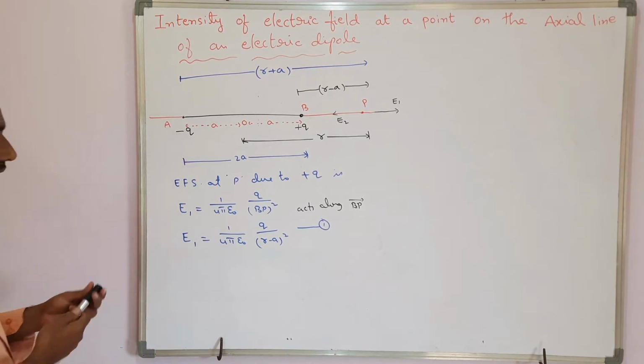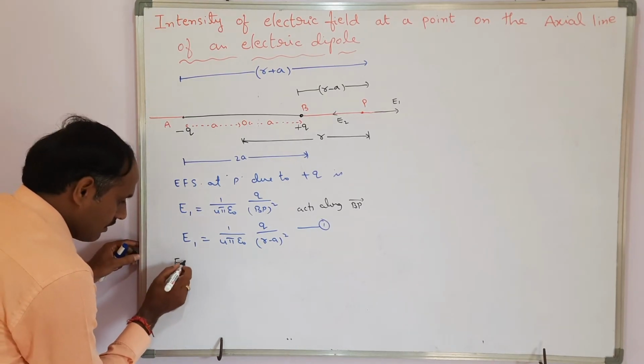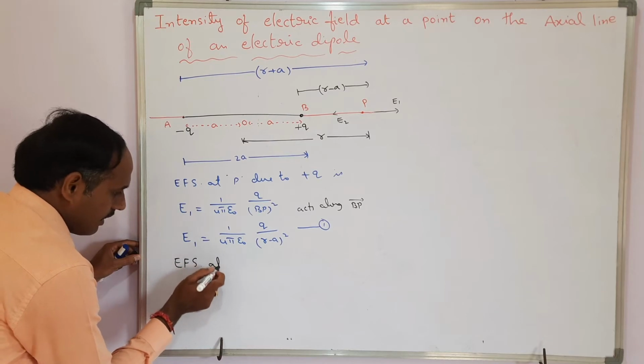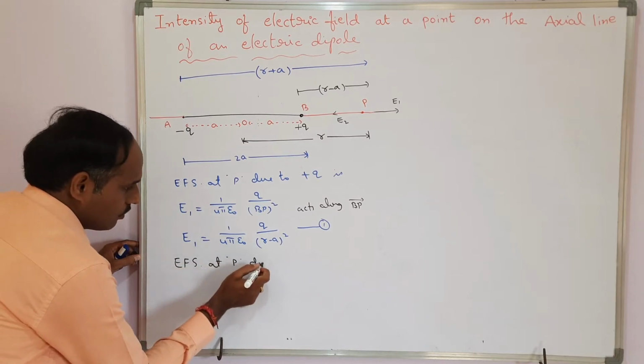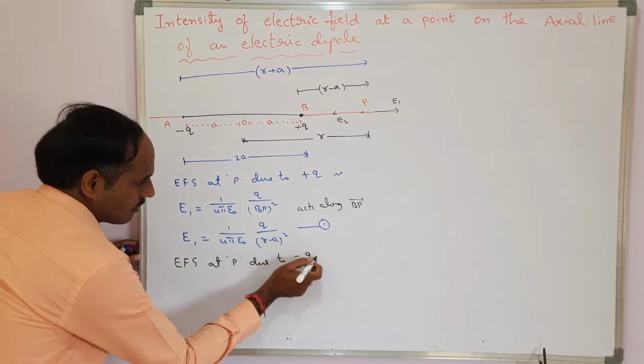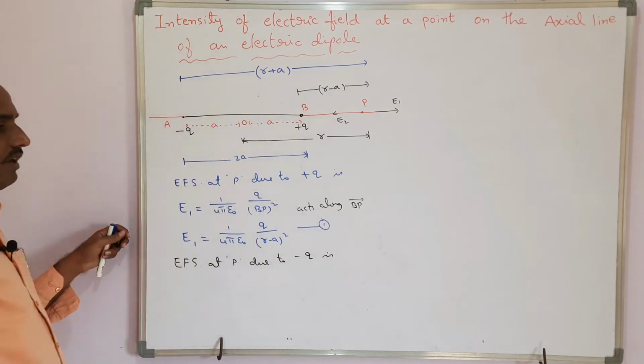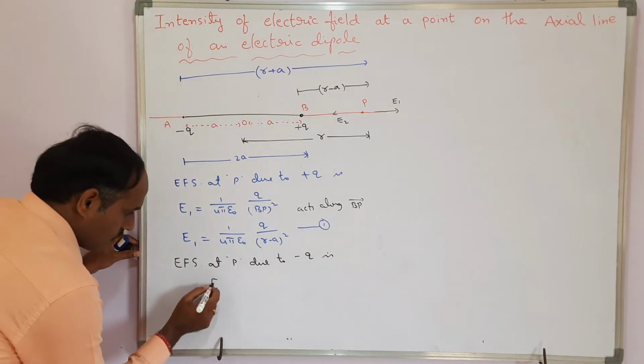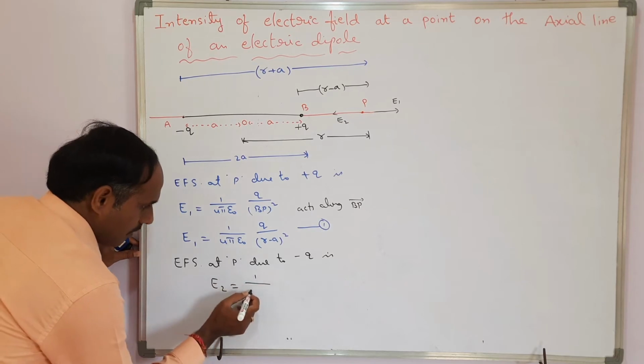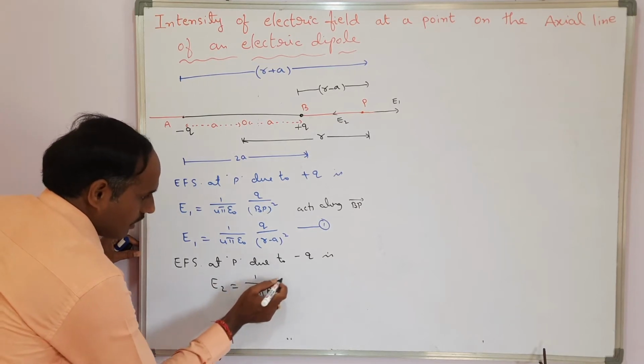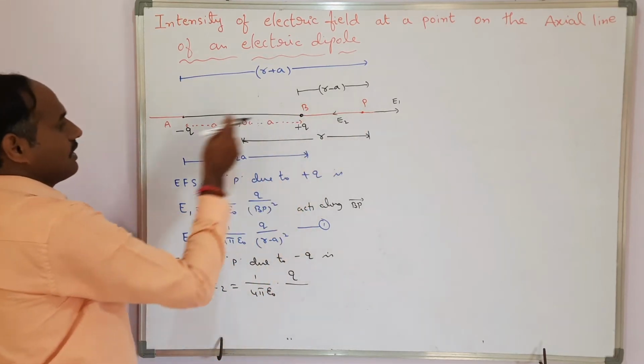And now at the same time we have the electric field strength at point P due to the negative charge. So E2 is equal to 1 by 4 pi epsilon into Q by the distance AP.